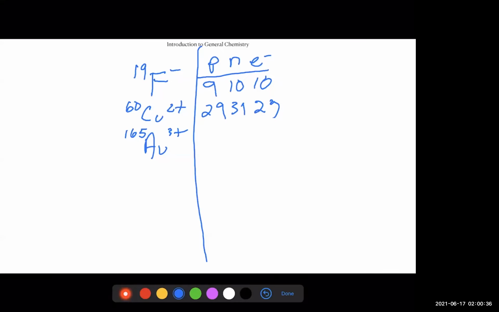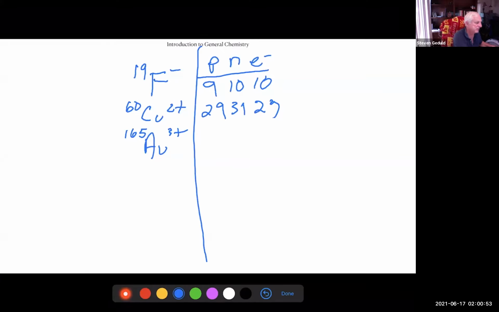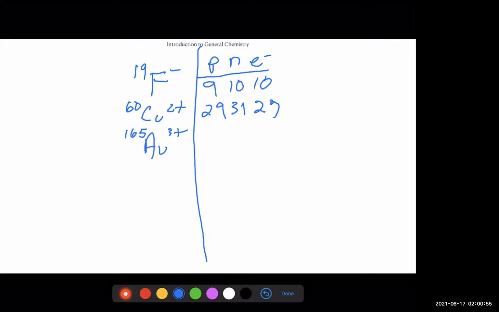Au. 79. No, that's platinum. Platinum is Pt, gold is Au. Au says 79 on my periodic table. Is it really? Mine too. Holy cow. It's the one on the data packet.